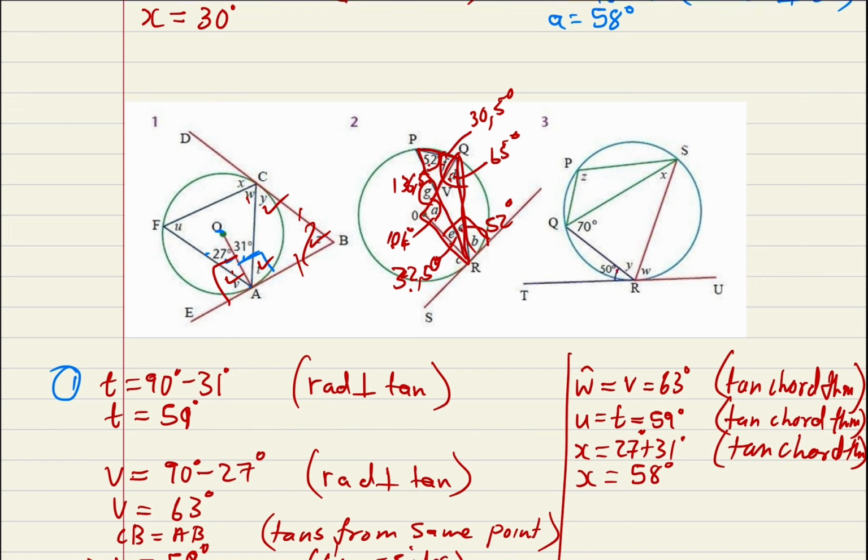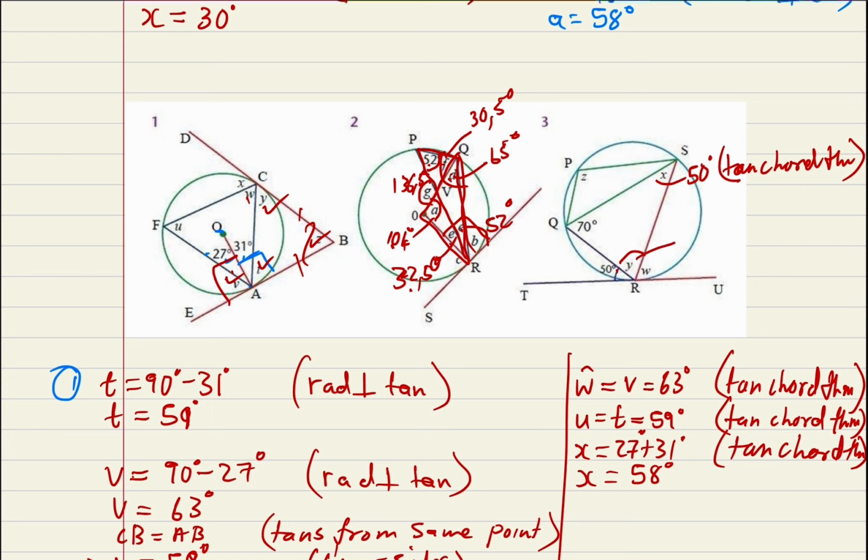Number 3, this is 50. That means X here is 50 degrees because of the tan chord theorem. Therefore, what else can I find? I can find Y here.